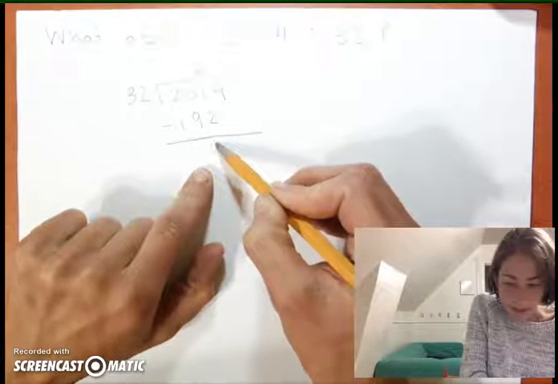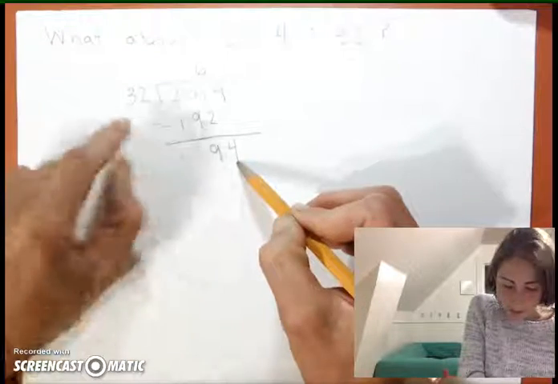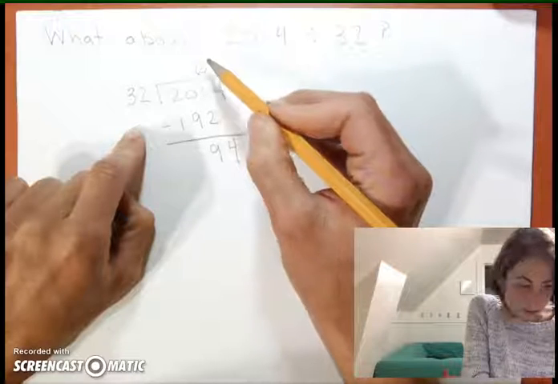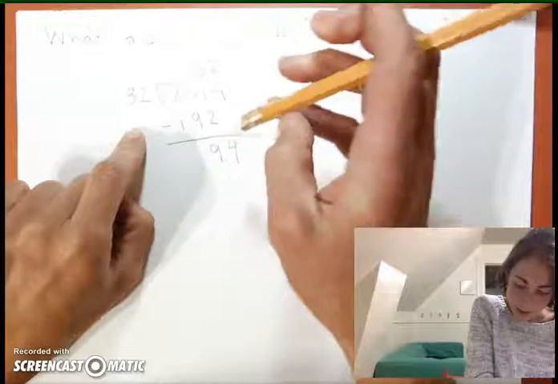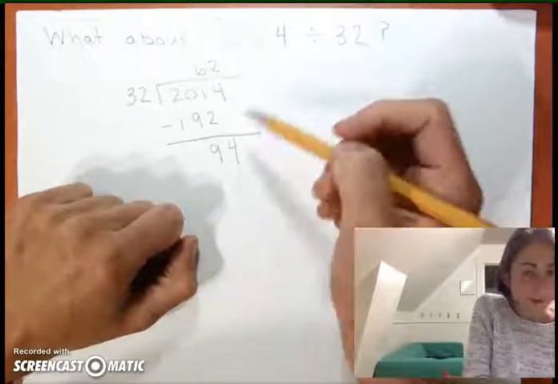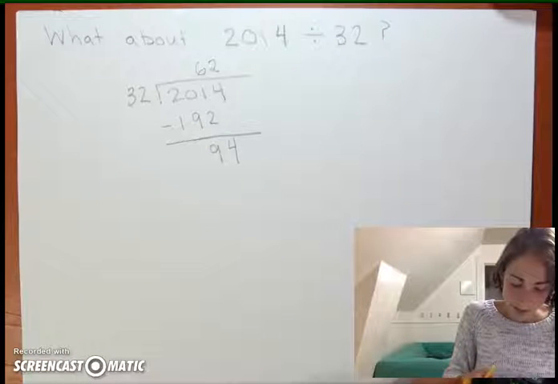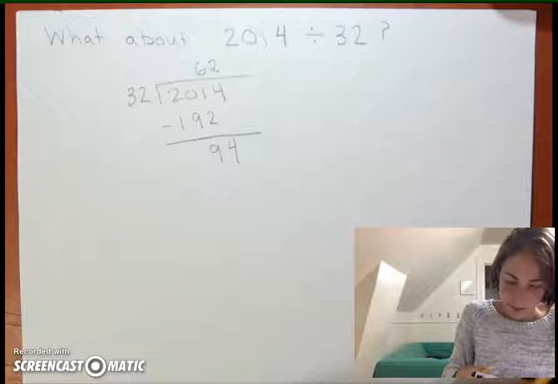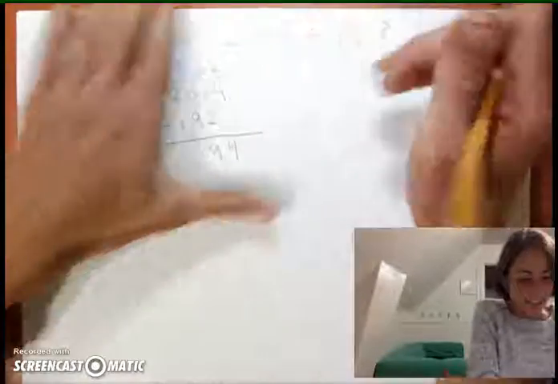We get 9, and then we bring down the 4. Oh, this doesn't actually work. I wanted to come up with an example with no remainder. So let me see what that would be. 32 times 62. Okay, here we go. Let's divide 2016 by 32.